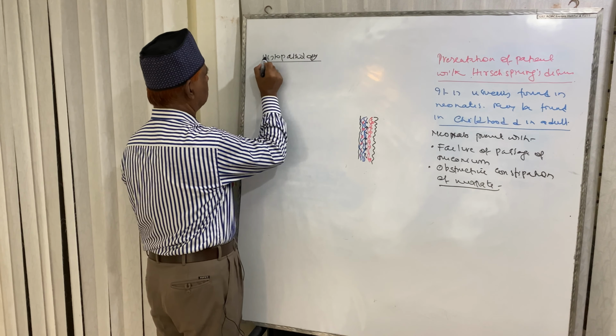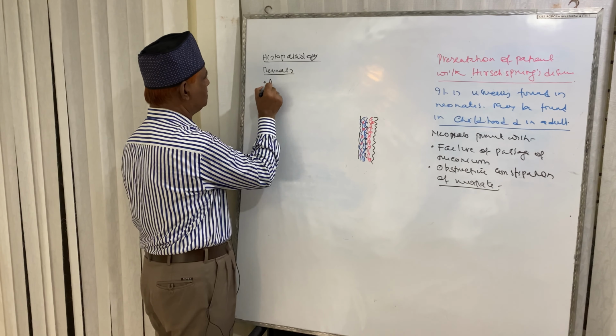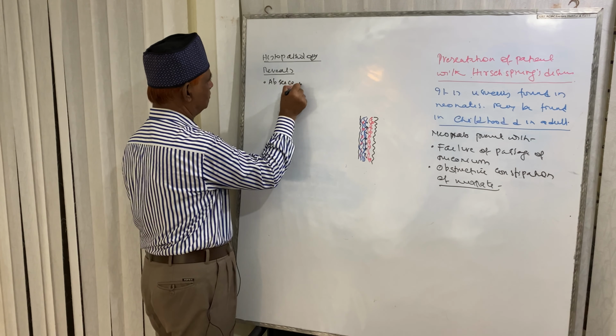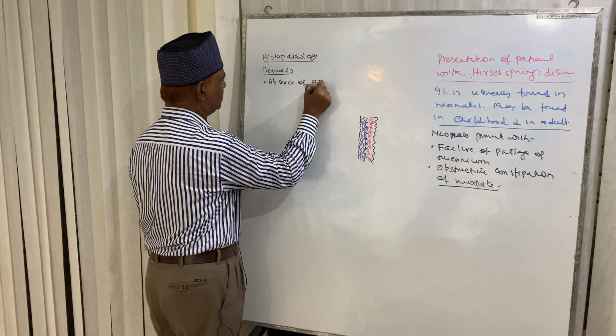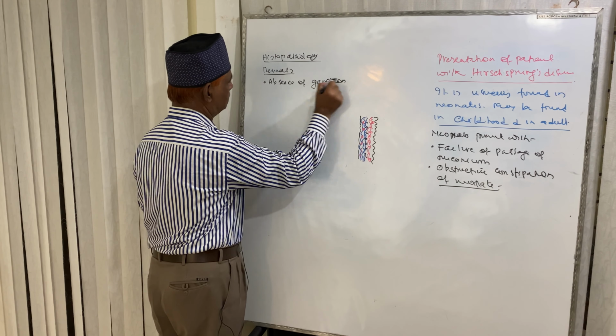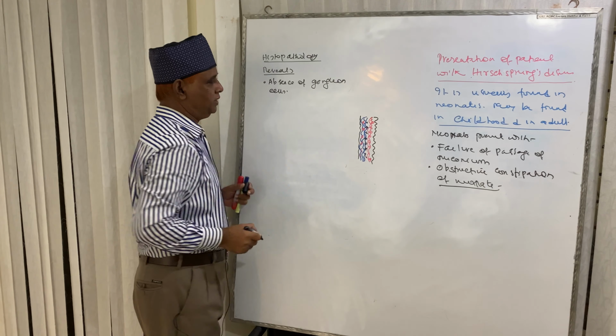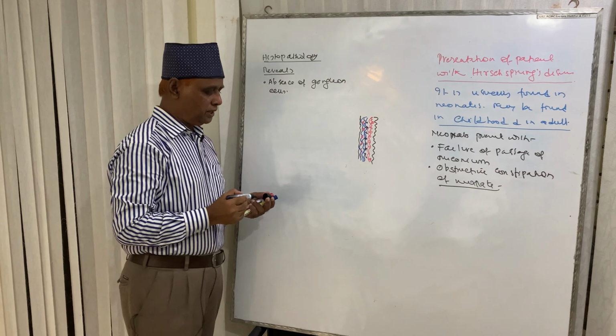Histopathology reveals absence of ganglion cell. Dear audience, as there is failure of migration of neuroblast, there will be absence of ganglion cells.